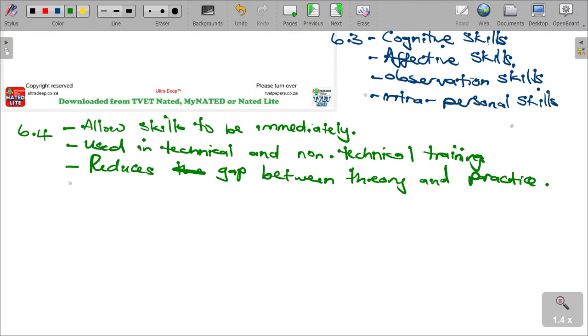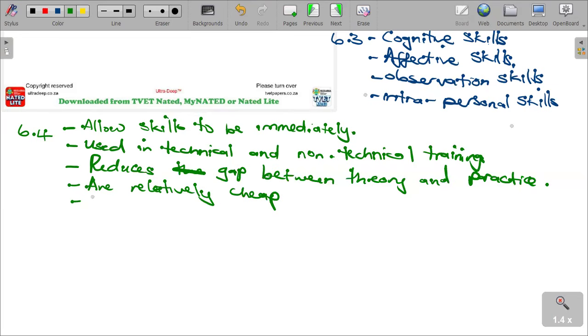And you can also find that demonstrations are relatively cheap, and the trainees remain involved since they will be asked to demonstrate.